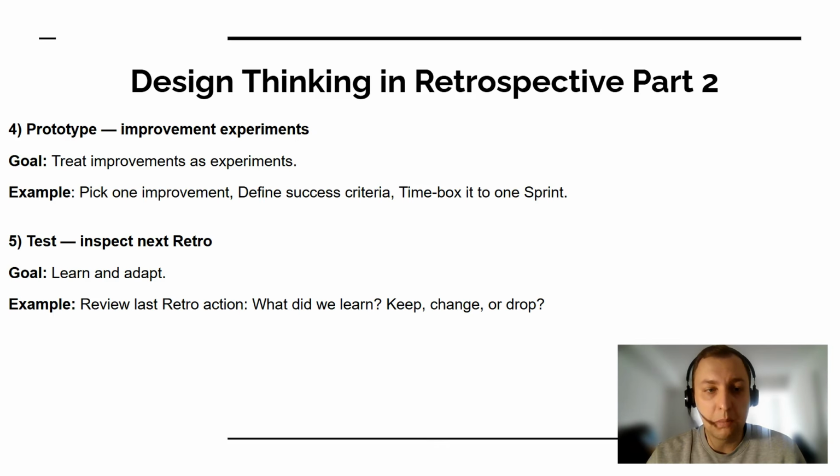Then on the next part, when we've tested them and reach the next retrospective, we learn and adapt, right? So we know that something worked, something didn't, and we need to understand why, and we also need to clear it out. So we need to understand what we keep, what we change, or what we drop.